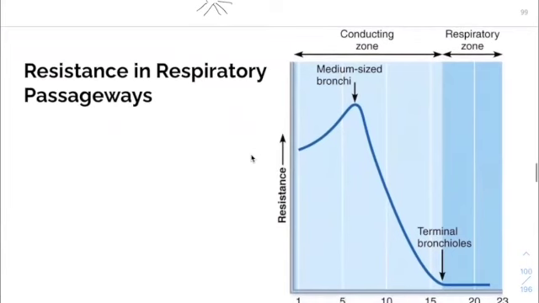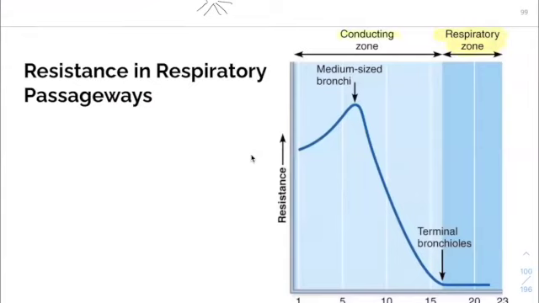This chart shows how air resistance changes through the branching of the respiratory tree. Resistance first increases, then it drastically decreases once we get to the respiratory zone, which is where we're doing our gas exchange.